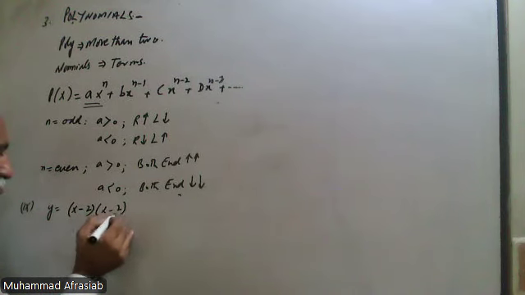y equal to x minus 2 into x minus 2. Since here it is y equal to x squared, the highest power is an even number and the coefficient of that highest power is 1, which is greater than 0. This is the x-axis, this is the y-axis, this one is 2.